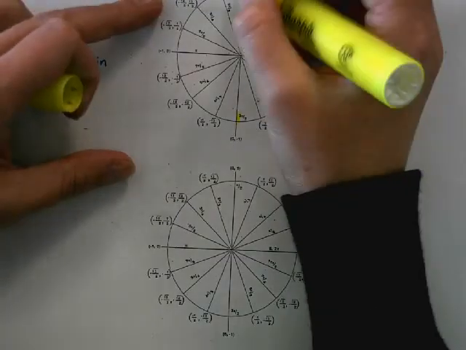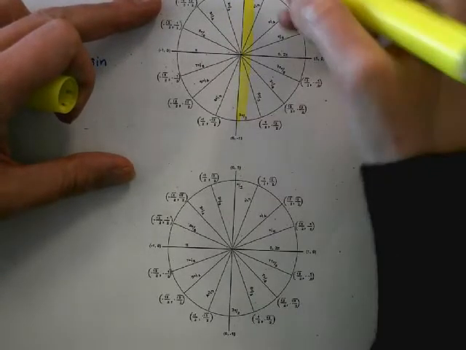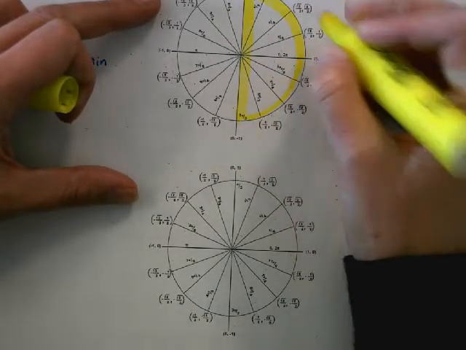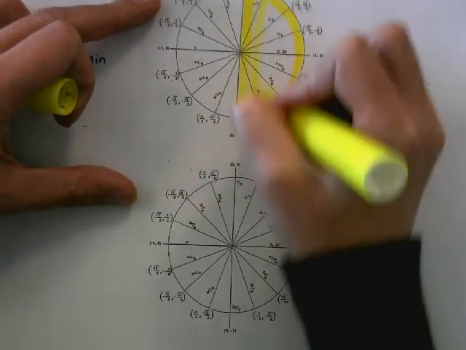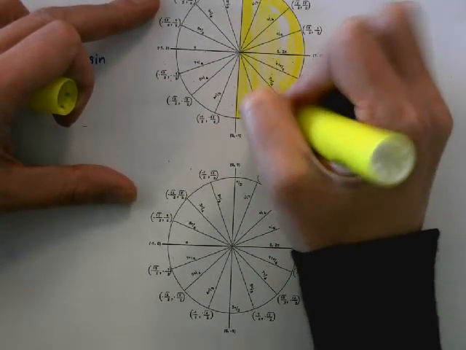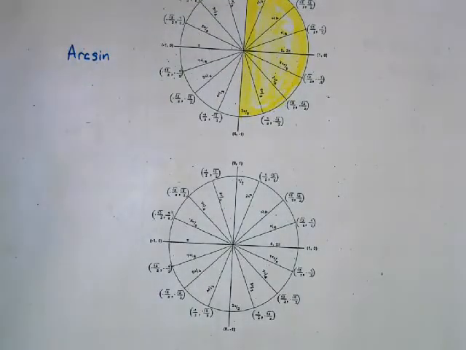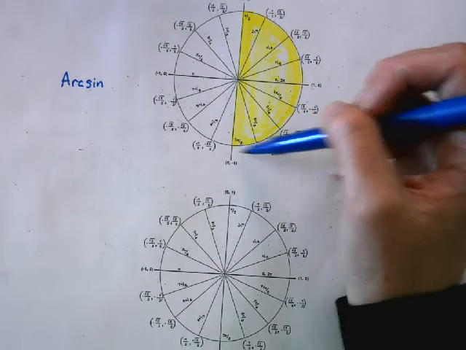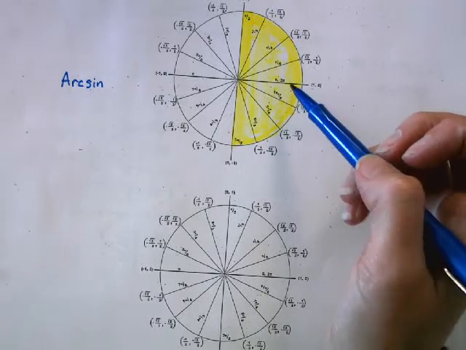So I'm going to go ahead and highlight just this half. So this is negative π/2 to π/2, but it also includes values that we don't want.